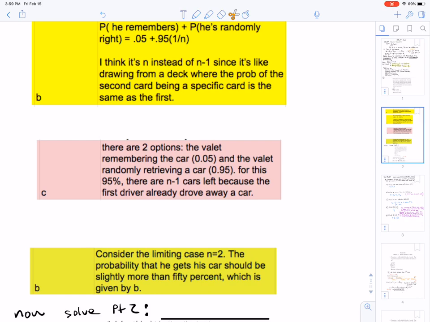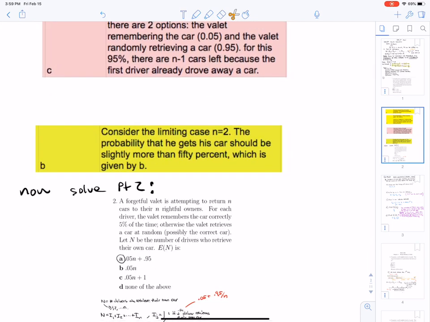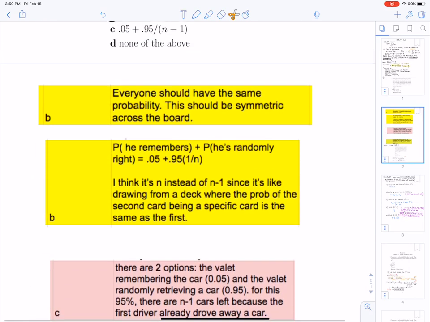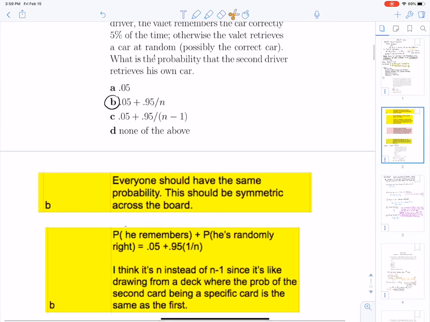Another person says, considering the limiting case n is 2, the probability that he gets his car should be slightly more than 50%, which is given by B. So I like that he's thinking about limiting cases. So notice that in case C, if n is 2, that would give you 1.